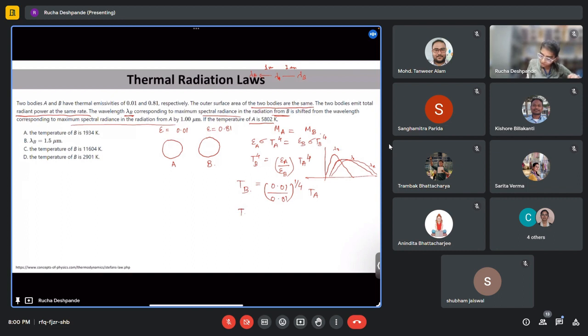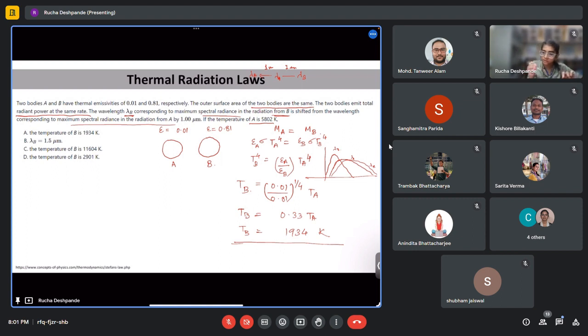Alright, so TB is 0.33 times TA. So TB turns out to be 934 Kelvin, and temperature of A is 5802 Kelvin. So temperature of A is higher than that of B.